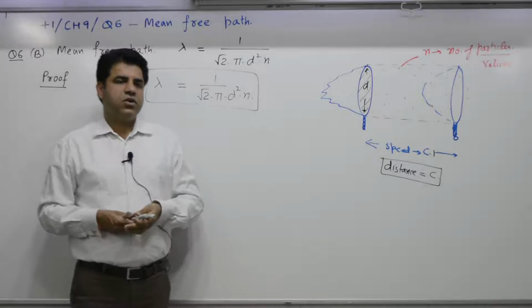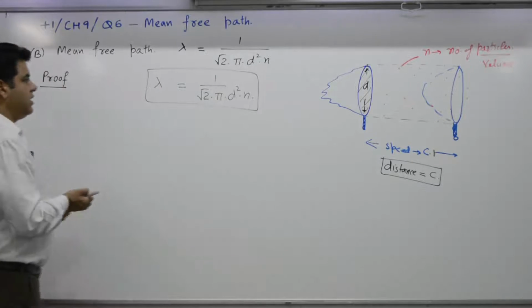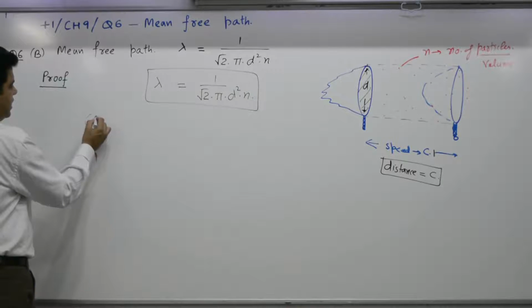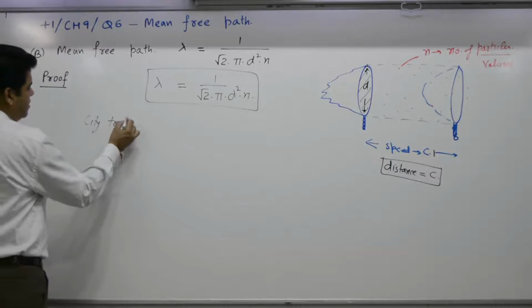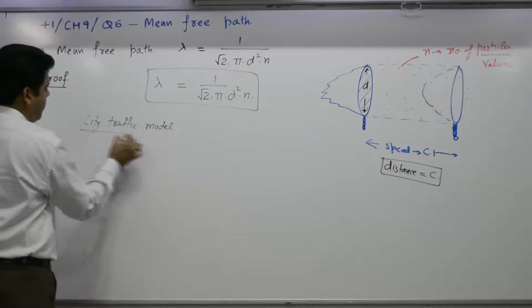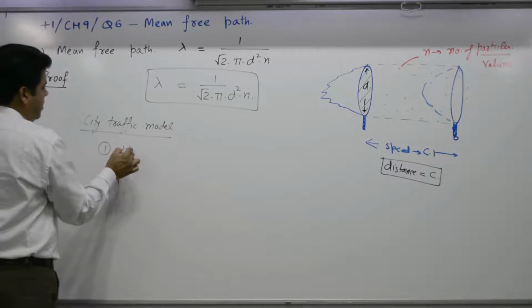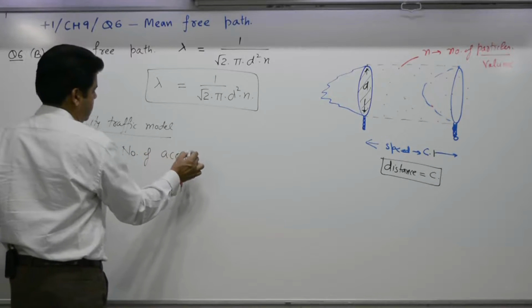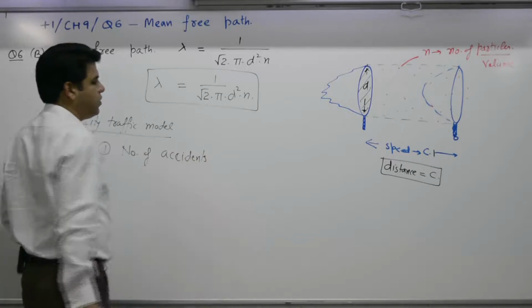How to go about this in competition? Say we take into account a city traffic model. Number of accidents will depend on what?